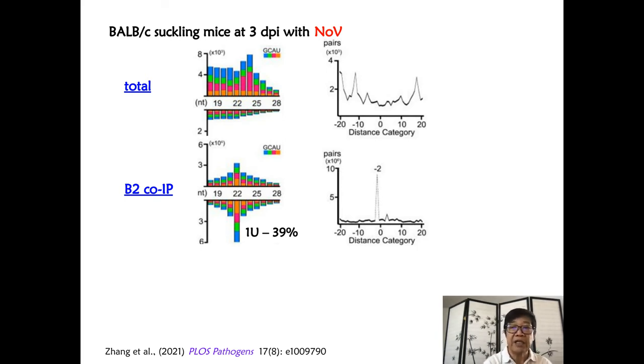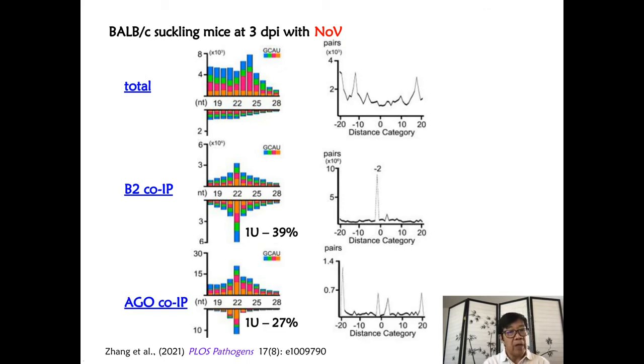You can see that in the B2 complexes there are abundant viral siRNAs, particularly the 22 nucleotide RNAs that form the canonical population, the one that has a 20 nucleotide base-paired region with 2 nucleotide 3' overhang.